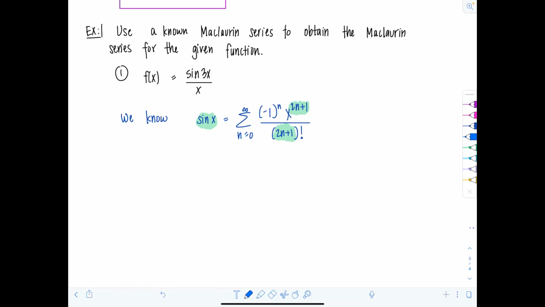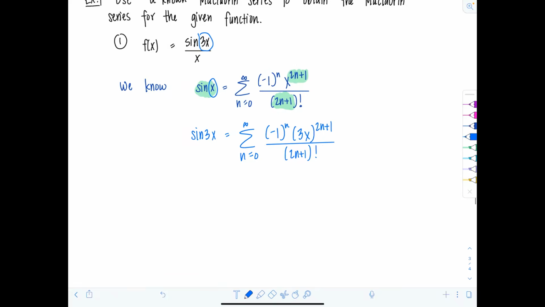Well, you say, I want f of x to be sine of 3x. So first let me adjust accordingly. So sine of 3x would be the sum, n equals 0 to infinity, negative 1 to the n. Instead of x, I'm going to put 3x to the 2n plus 1 over 2n plus 1 factorial.